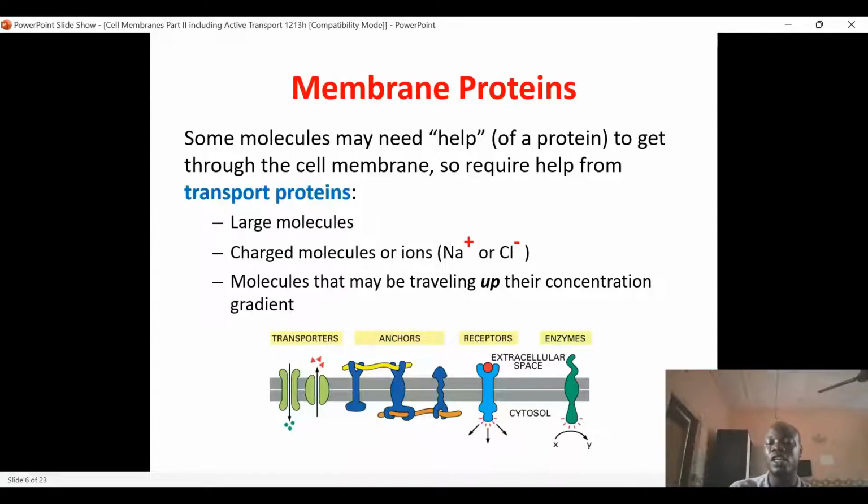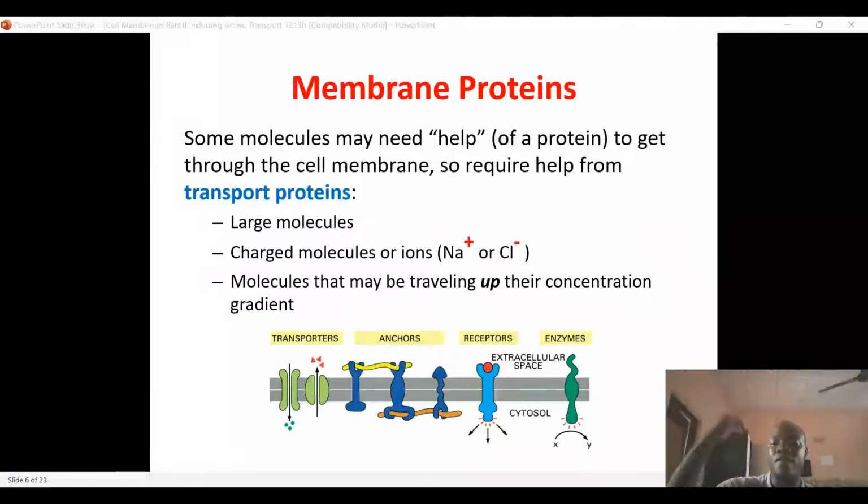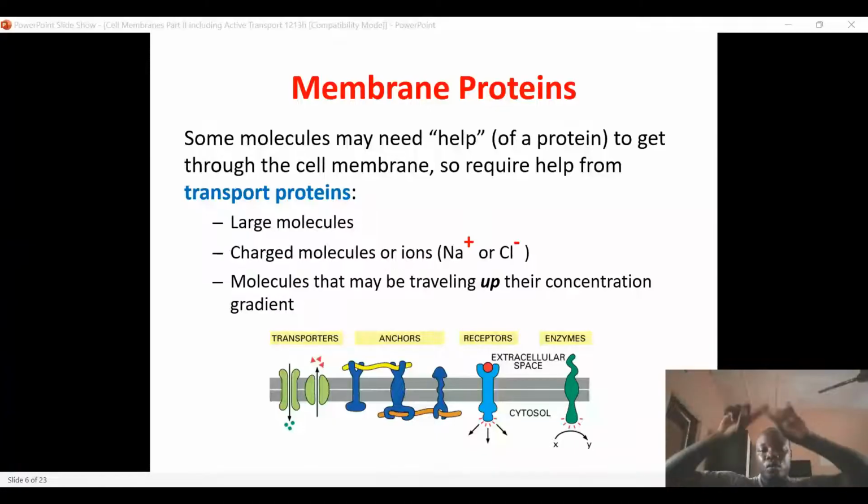That is the molecules that are moving to a region where there is a very high concentration of those molecules. They also need the help of transport proteins. So get this, ladies and gentlemen: large molecules, charged molecules, as well as the molecules that are traveling up their concentration gradient need the help of these transport proteins.